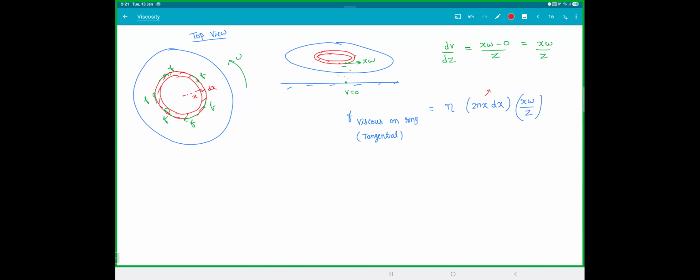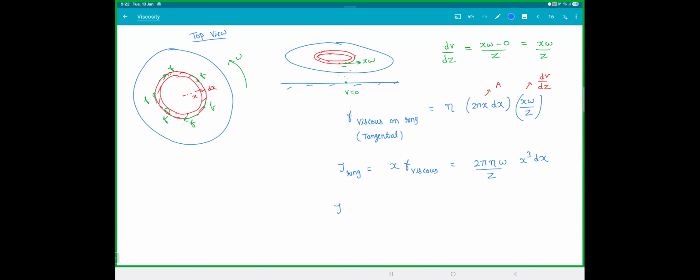So eta area dv by dz. This is the tangential force acting on the ring. So what is the torque on the ring? Torque on one ring is your radius x into the viscous force on the ring, which will be 2 pi eta omega by z times x cubed dx.